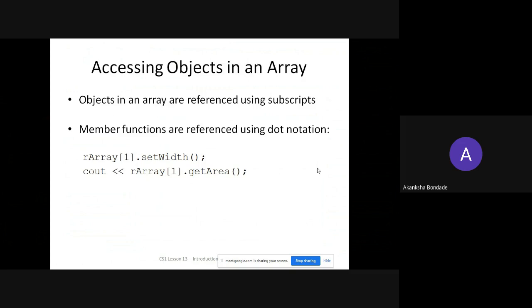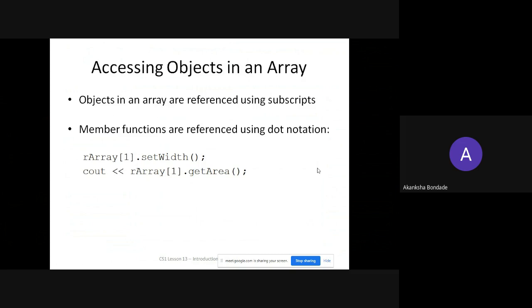But with the help of an array we use the array of objects, then whichever element we want to use for calling the member function, so that is our array, then element 1, dot setWidth. Here setWidth is a member function. So with the help of the array object we can call the setWidth function.